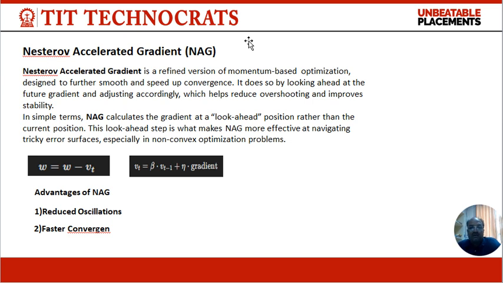It is also a refined version of momentum based optimization, because in momentum based optimization, if you are going to find the global minima, you need so many oscillations. So Nesterov accelerated gradient is the refined version of momentum based optimization, designed to further smooth and speed up convergence.